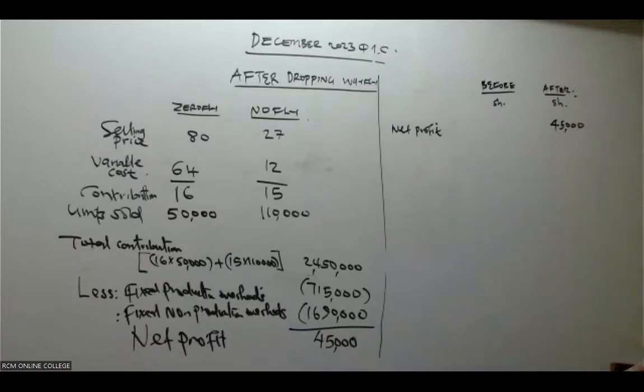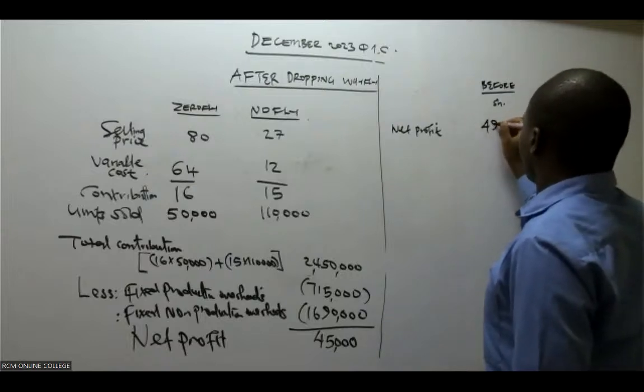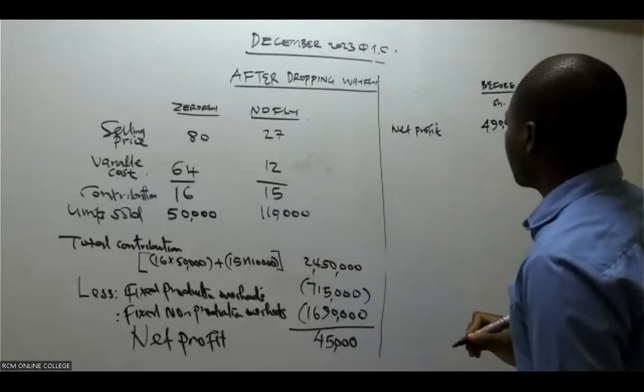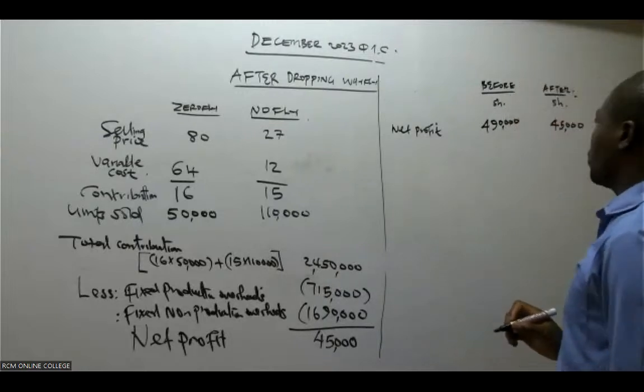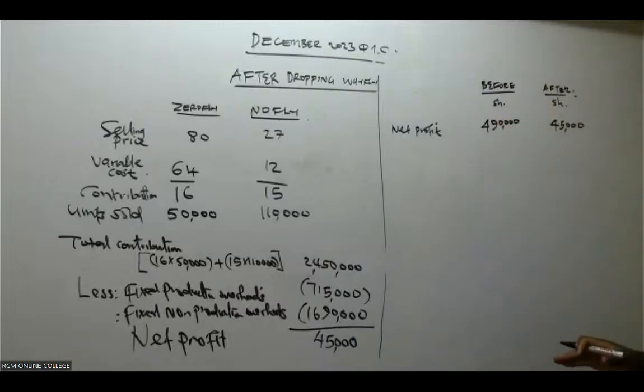Are you able to give me before? What were we having as the net profit before dropping Wi-Fi? 490,000, is it? 490,000. So advise these people. Are you going to drop it or retain it?